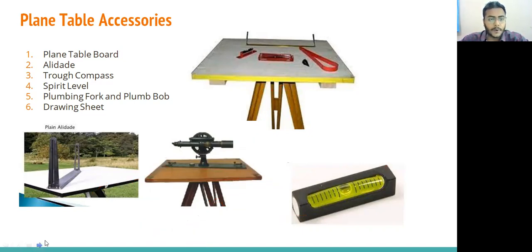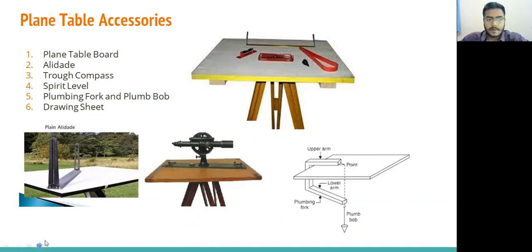Next, plumbing fork and plumb bob. The plumbing fork or plumb bob is used for centering. Centering means we have to transfer the ground station exactly onto the sheet.